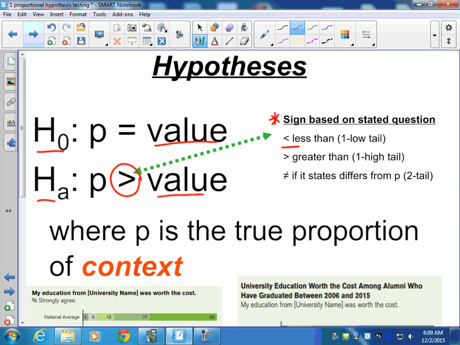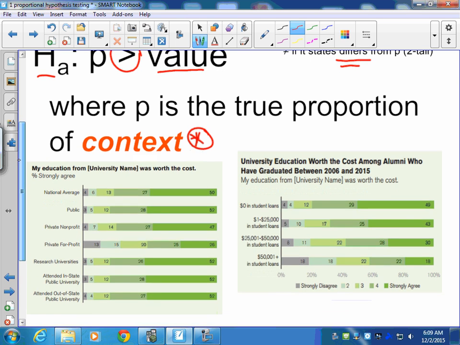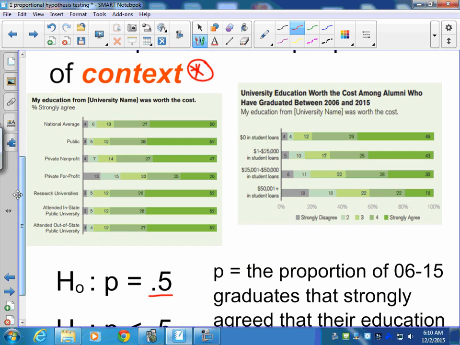They can tell you less than, they can tell you greater than, but then they also use the word differs. And if they say that it differs, we know that there can be just as likely a lower tail that matches the upper tail, or vice versa in that situation. Like always, make sure that you state everything in the context of the problem.